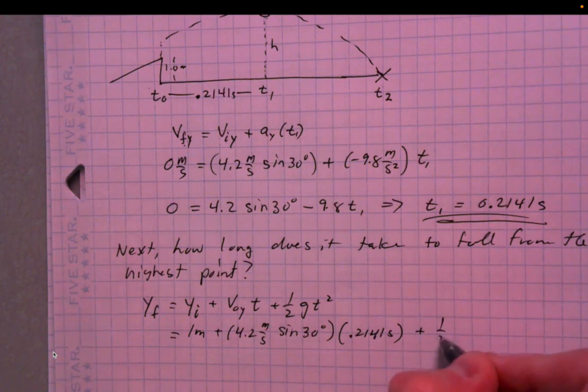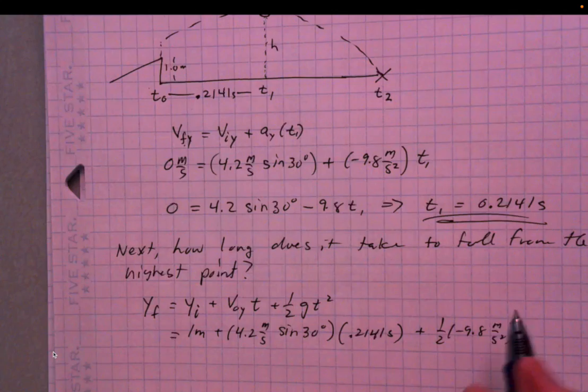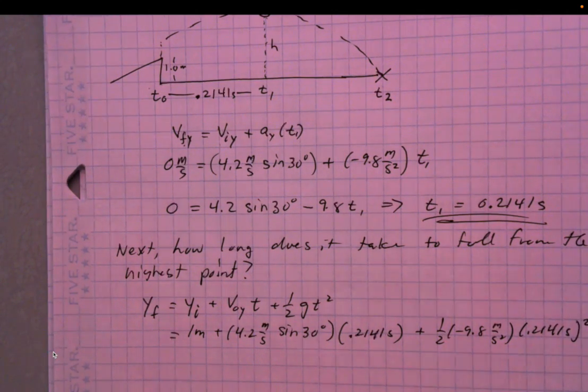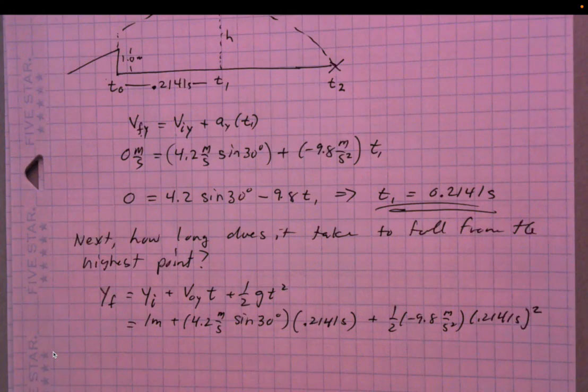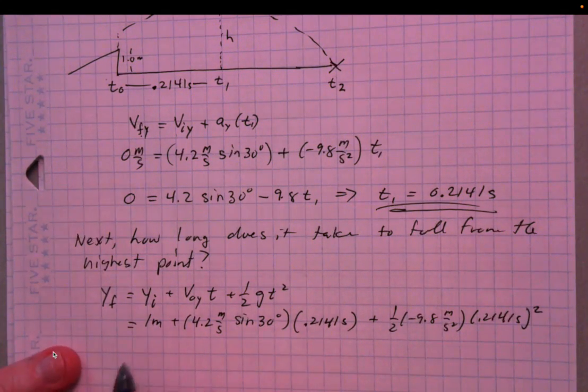So plus 1/2 times negative 9.8 meters per second squared, times 0.2141 seconds squared. So everything is known: 1 plus 4.2 sine 30 times 0.2141 plus 1/2 negative 9.8 times 0.2141 squared. We can just run all that through and everything will end up in meters. And so what we'll find out is that this is equal to 1.22 meters.